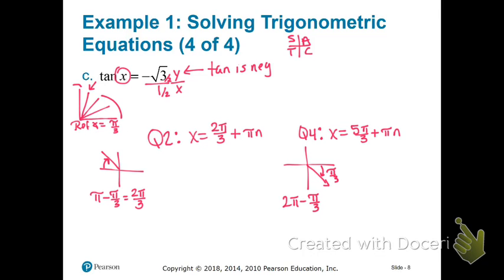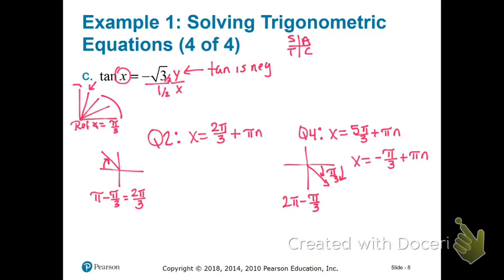Now there's another way though I could call it. It's not necessarily 5 pi over 3. What's another name for that angle that's closer to 0? We went clockwise pi over 3, didn't we? So we could do this as negative pi over 3 plus pi n. That makes it even easier on us, doesn't it? Since we're not restricted, that's okay to use that one.